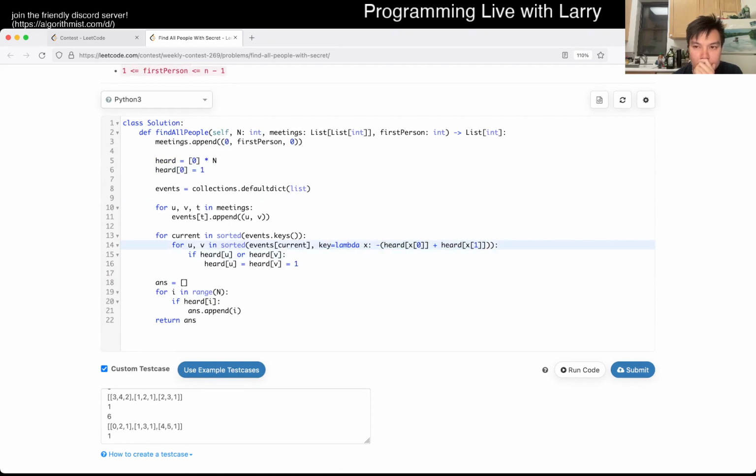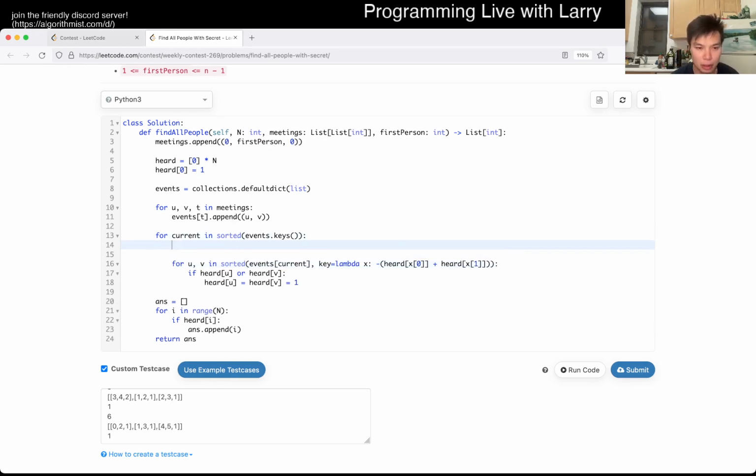Oh, I see. Because this can change. I see. Okay, this is actually wrong. Okay. Then how do I do this? How do I fix this? Oh, I see. Okay, I am dumb actually. Okay, that's a good one.